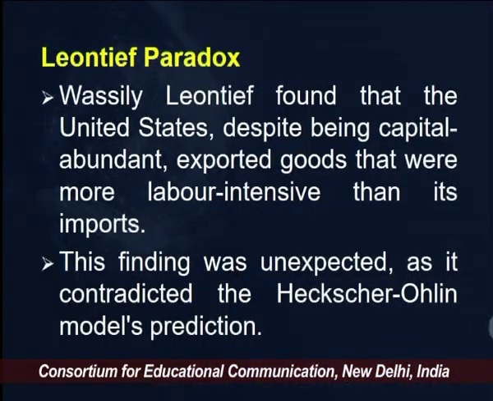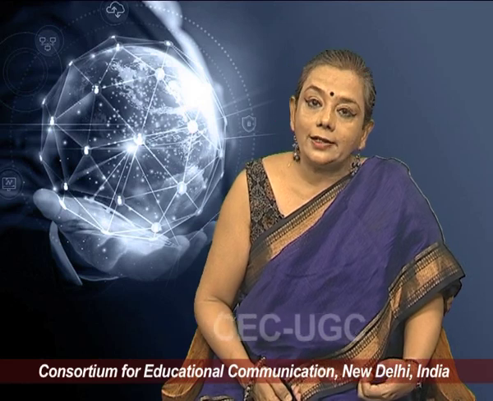Now, Wassily Leontief found a strange thing in the United States when he studied the exports and import composition of the United States over the years. Despite being capital abundant, it exported goods that were more labor intensive than its imports. The finding was unexpected as it contradicted the Heckscher-Ohlin model's prediction. The prediction would have said that since the United States is capital abundant, it will export capital intensive products and import labor intensive products.